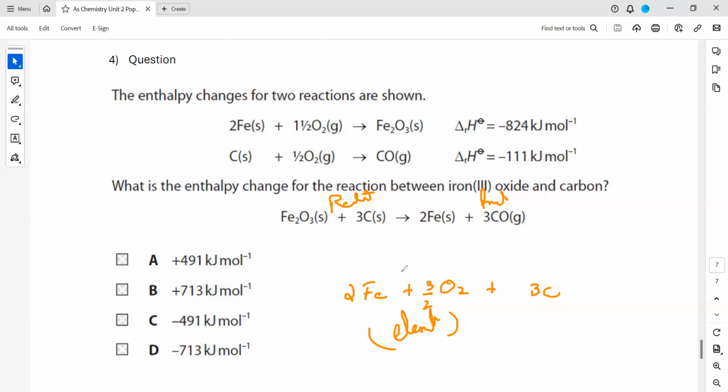So element forming the reactant and reactant forming a product is the same as element directly forming the product. Because it is forming 1 mole here, it was minus 824. This is forming 3 moles of carbon monoxide, so 3 times minus 111, and this one is x.